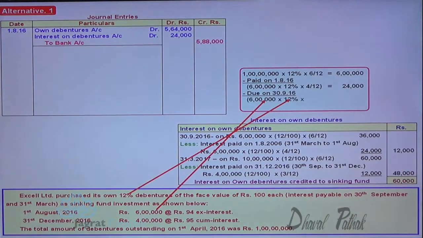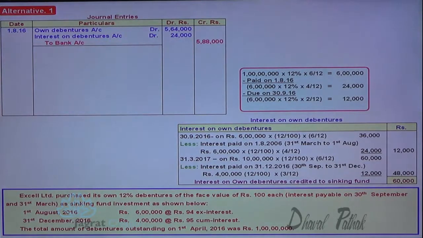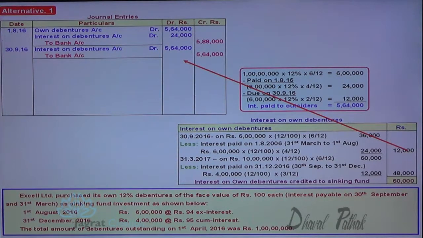So due on 30th September interest for 2 months, 12,000, and this is the amount paid to outsiders. So debenture interest account debit to bank account credit for the amount paid to outsiders, and this 12,000 interest due, that is to be credited to sinking fund at the end.